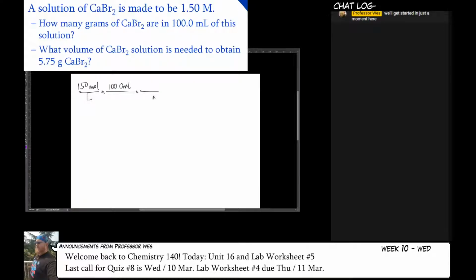And so I first need to turn this from milliliters to liters, so that those cancel out. And 1 milliliter is 10 to the minus 3 liters. So that would be the number of moles, and these are moles of calcium bromide. And that should be 0.150.